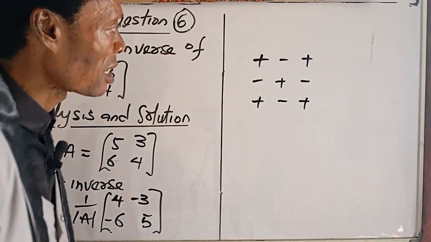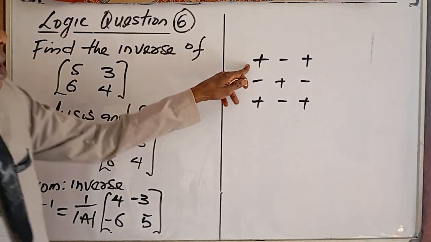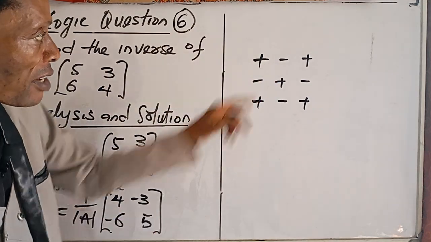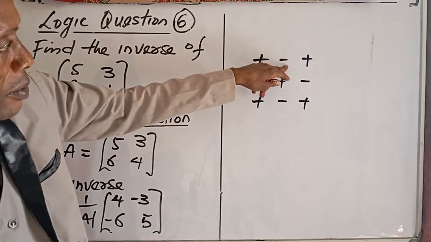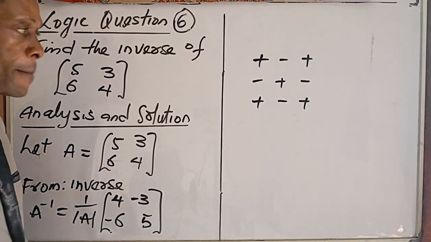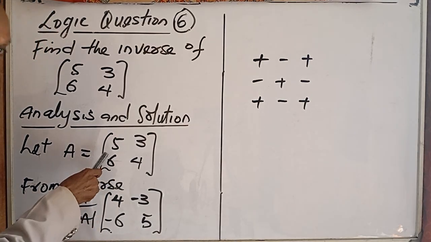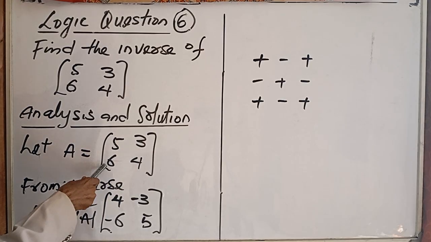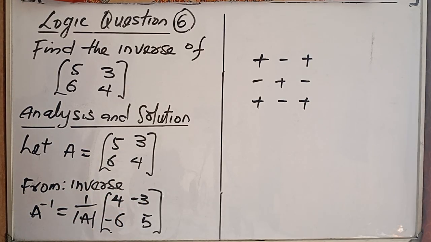So the first element in a matrix like this has a positive sign, the second one has a negative sign, and the third one just continues. Comparing this to our matrix, you discover that 5 is positive, while 3 is negative. Then 6 is negative, and that is why we have a negative 3 and a negative 6, right?